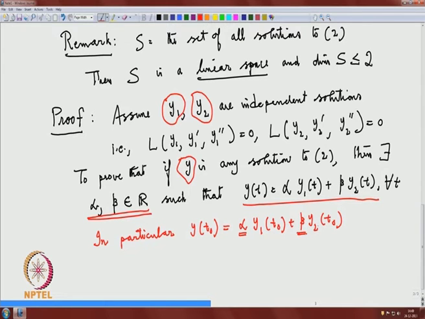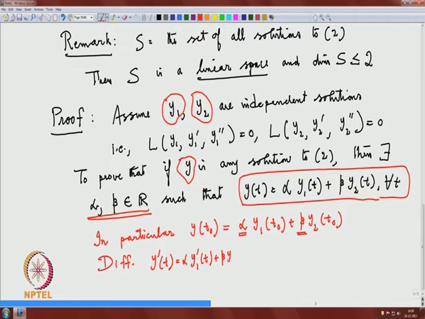Right now you have one equation, so now differentiate the equation y of t. Differentiating, we get y prime of t equal to alpha y1 prime of t plus beta y2 prime of t.